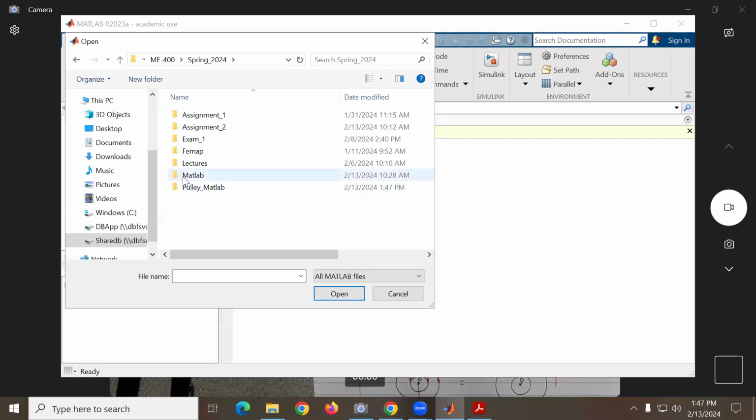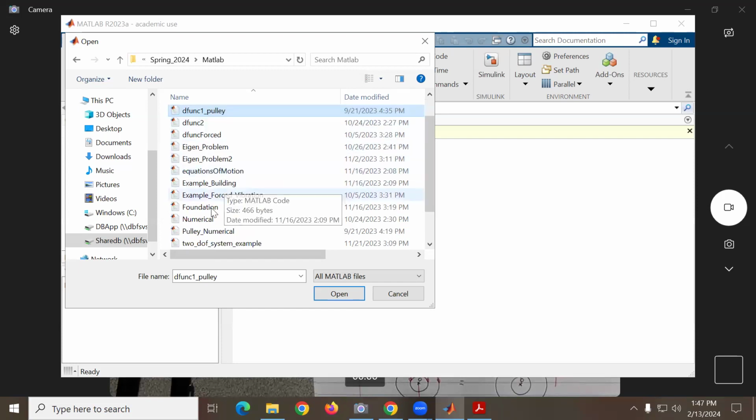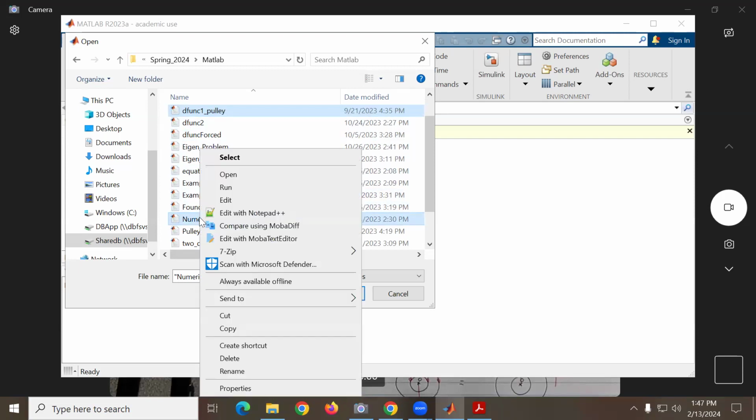So what were the files that were important the other day? I guess I have here one called pulley. I don't know if that's the one for this program or not, but let's just copy it, okay? And then analytical, numerical, let's copy this one, numerical, okay? I don't know what I'm doing, to tell the truth, but we need to modify those files.